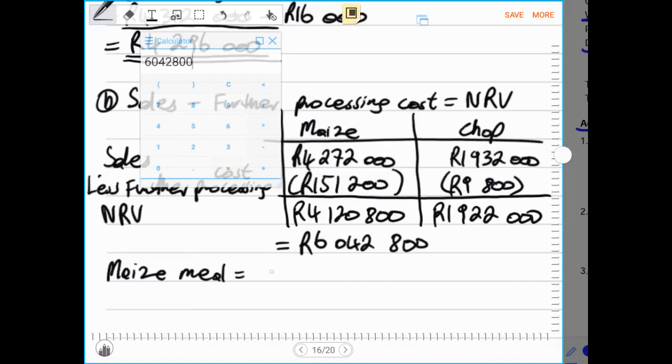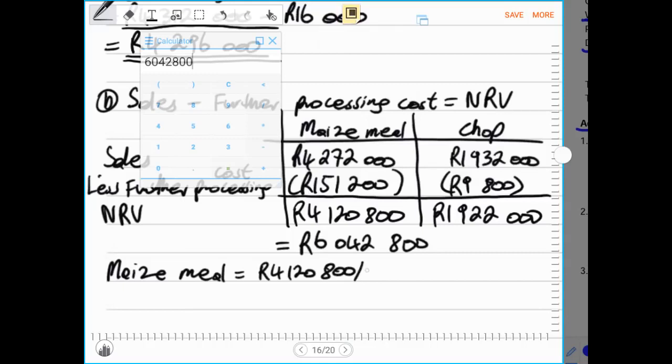And when we allocate that, what do we do? We say net realizable value for each of the products, divide this by the total, then afterwards we multiply. So we have the net realizable value for the maize meal, which is 4,120,800.